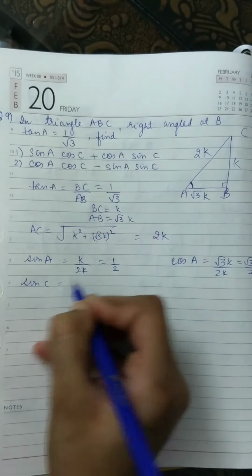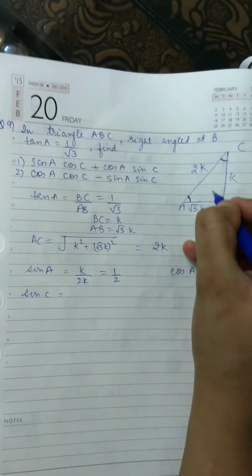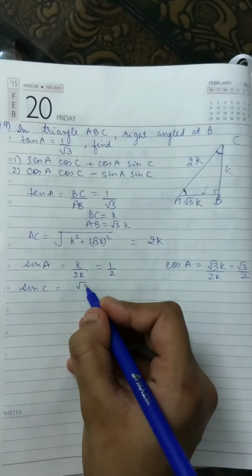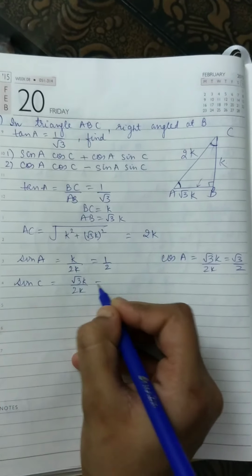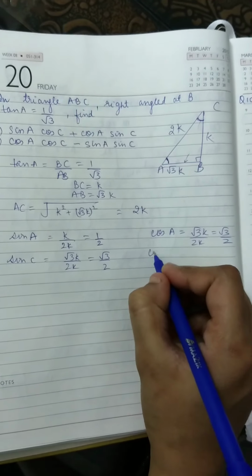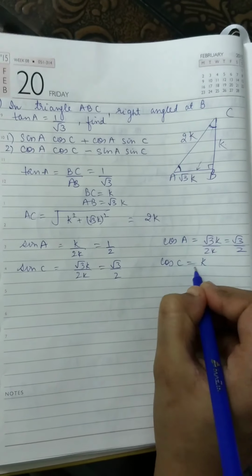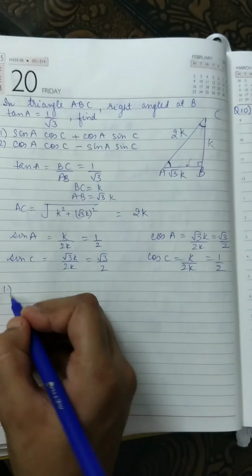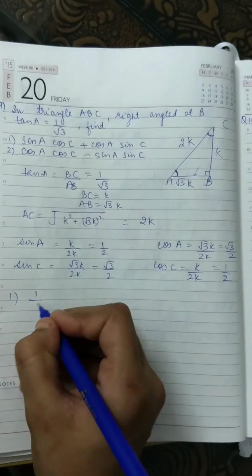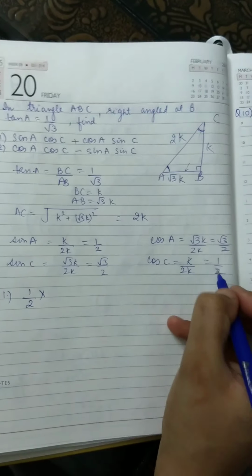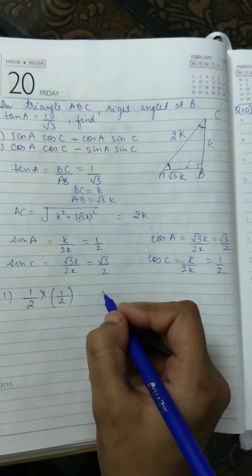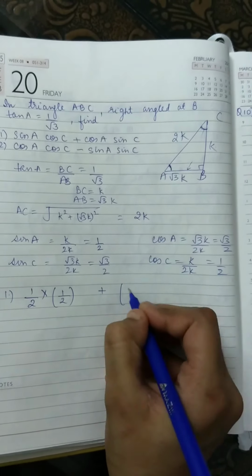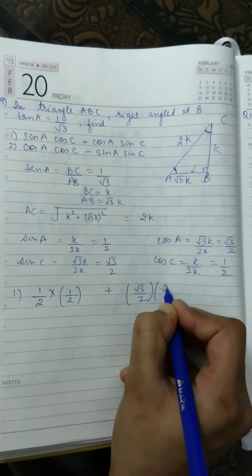Sin C. Here, the side opposite to angle C is root 3K upon 2K, so root 3 upon 2. And cos C will be adjacent side K upon 2K, which is 1 upon 2. Now substitute the values. Sin A is half into cos C, which is half, plus cos A, root 3 by 2, into sin C, root 3 by 2.